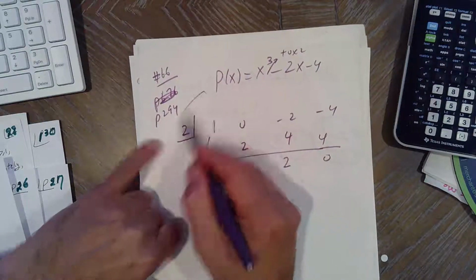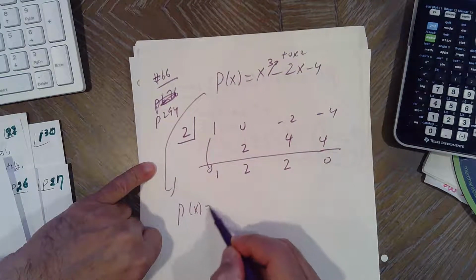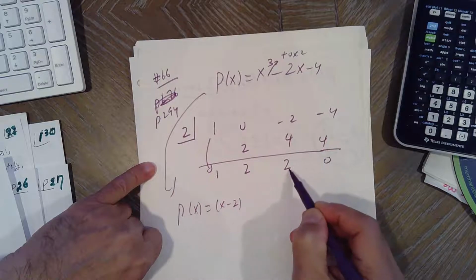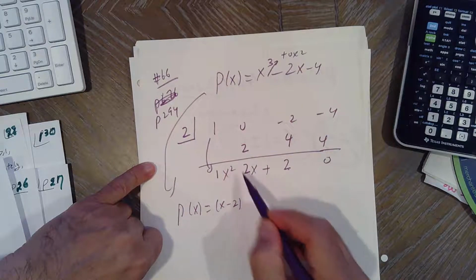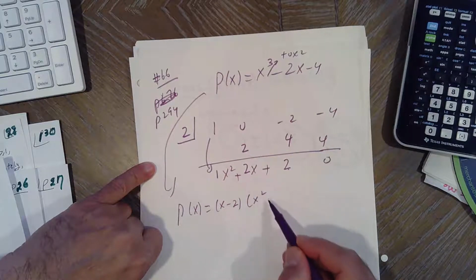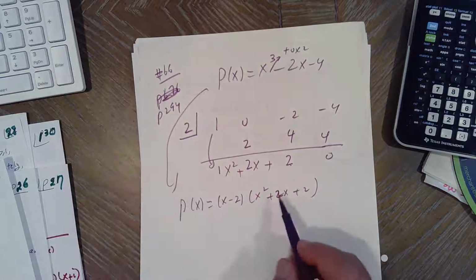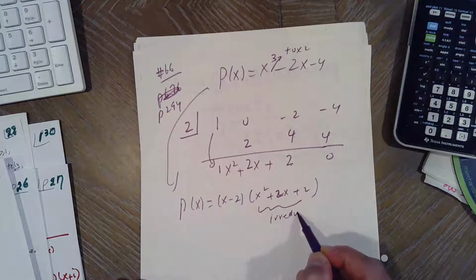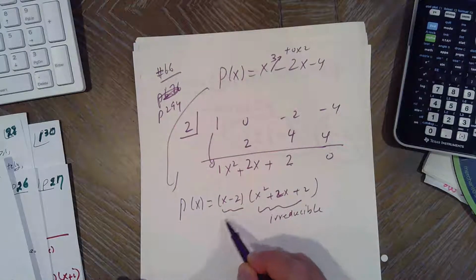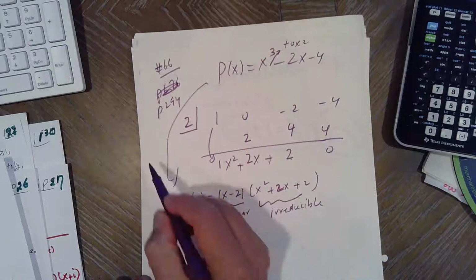So since 2 is a 0, then x minus 2 is a factor, and the other is x squared plus 2x plus 2. This is an irreducible quadratic factor, and this is linear. That's what they're asking for in part A.